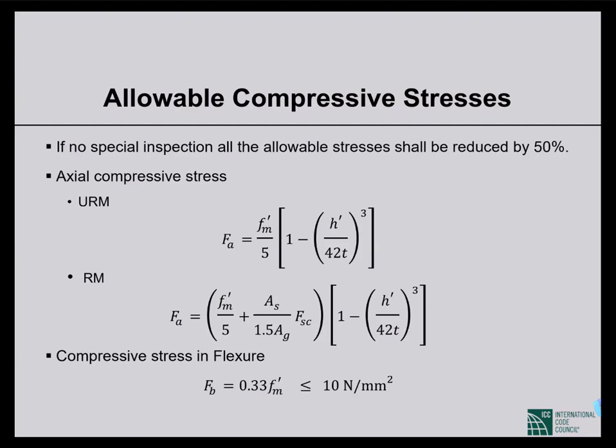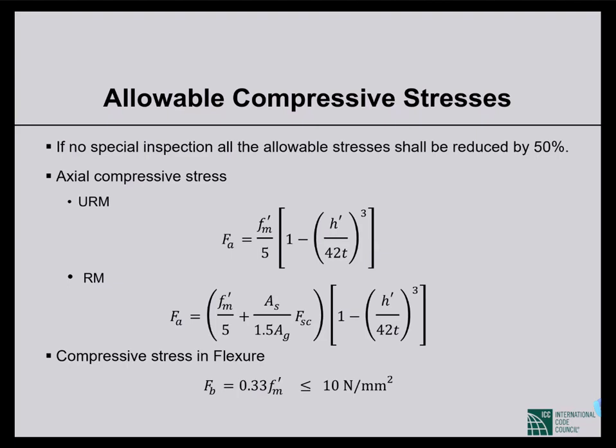That is, we can take only 50% of these allowable stresses as allowable. So if we have proper inspection at site, then these formulas will give us the allowable stresses.